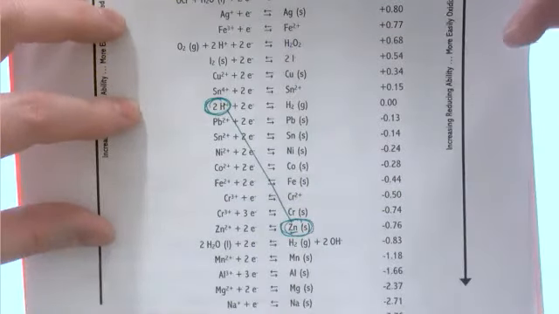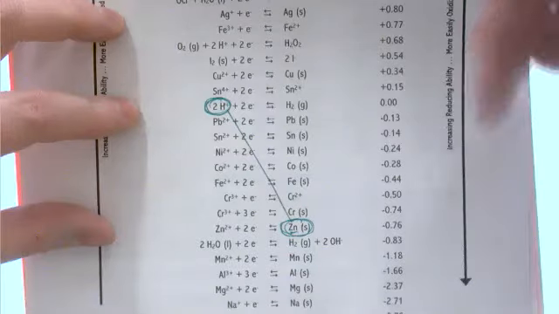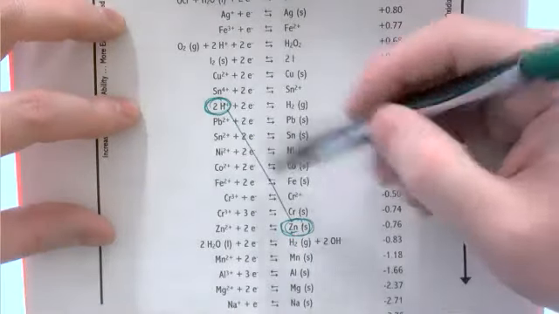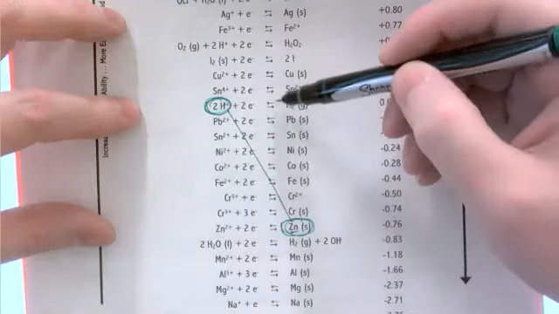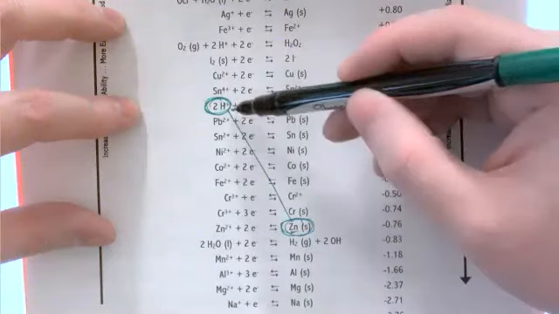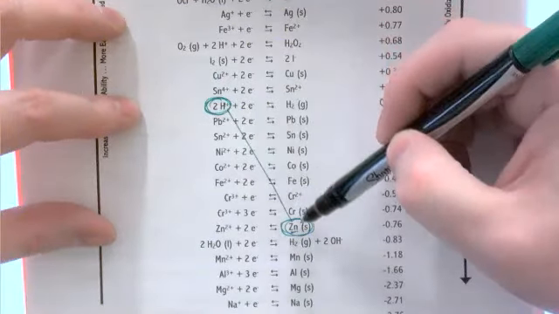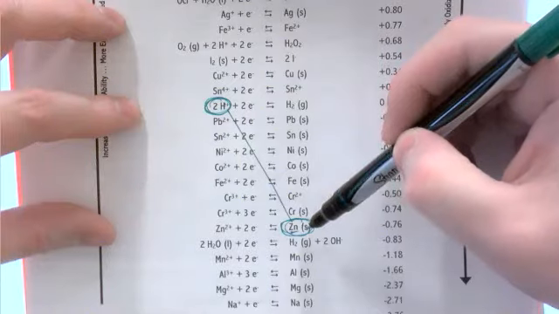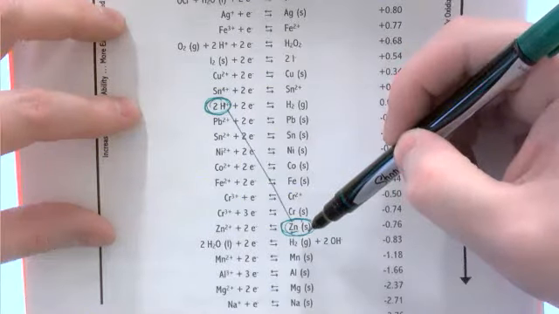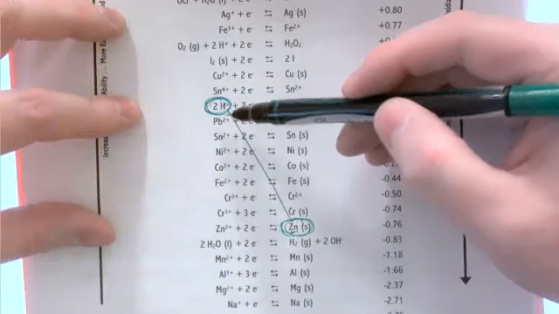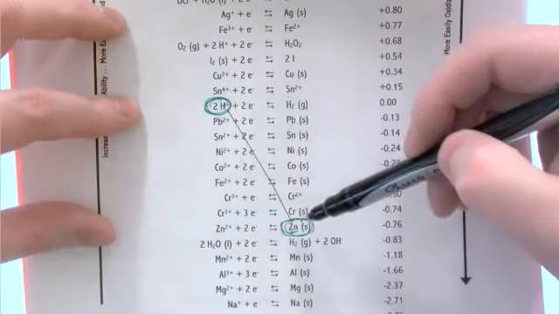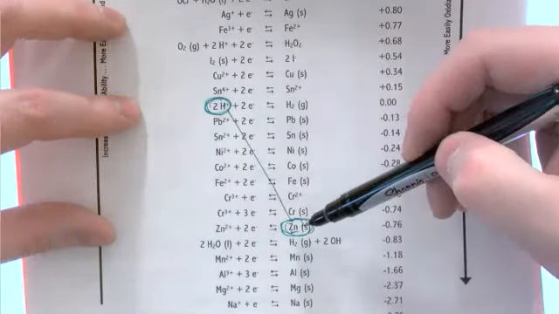It must have a positive cell potential if I calculate it. But what pattern have we just seen on the table? Something on the left is being reduced here. And as it gets reduced, it's reacting with something on the right side and below it. Do you see that? Something on the left, hydrogen ions, are reacting with something on the right side below them.